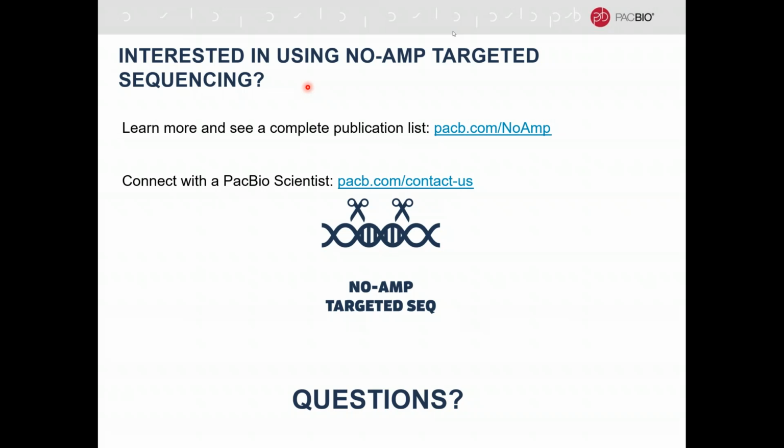So we're launching this new capability with NoAmp, and we've started in this 4 to 6 kb and plus region, as Jenny has alluded to. But we believe we can accurately, easily get up to this 15 to 20 kb region, and still produce reads of Q20 or higher. Was that fair to say, Jenny? Yeah, that's good. Fantastic.